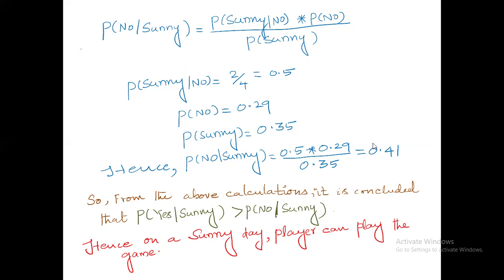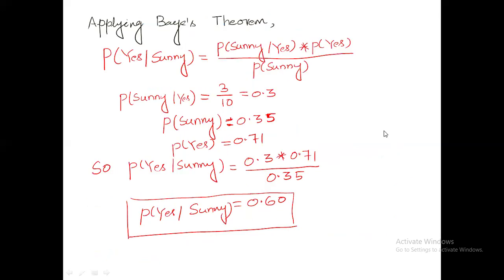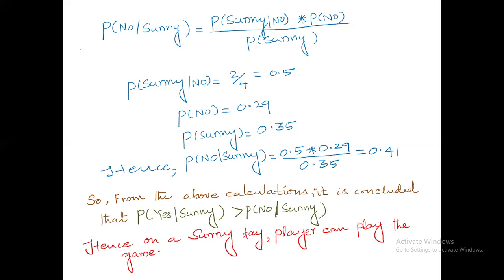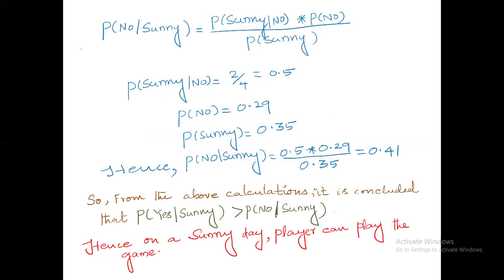If the probability of yes given sunny is higher, the player should play. Otherwise, the recommendation is not to play. This approach ensures an informed decision by considering past data and calculating the likelihood.